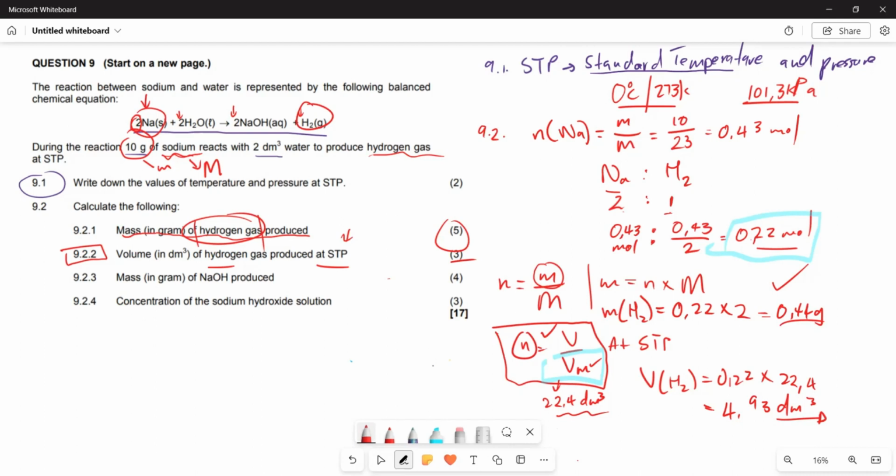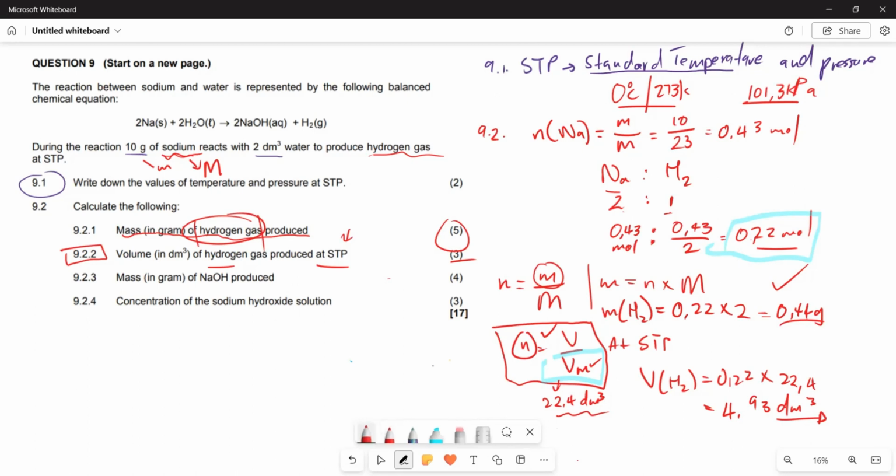Now let's see what our 9.2.3 requires us to do. Now they want us here to calculate the mass in grams of your NaOH, which is your sodium hydroxide, if I'm not mistaken. Yes, it is indeed your sodium hydroxide. Now for us to calculate our sodium hydroxide, we are going to go back to our table, or rather our balanced reaction, right?